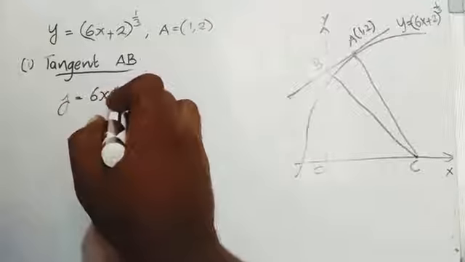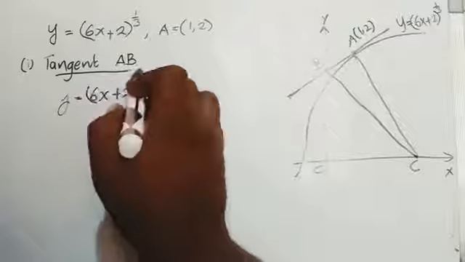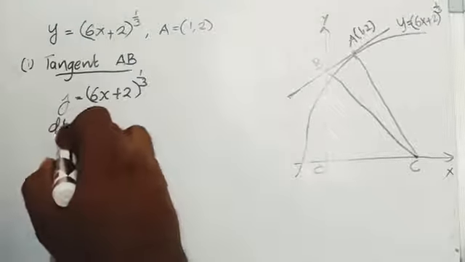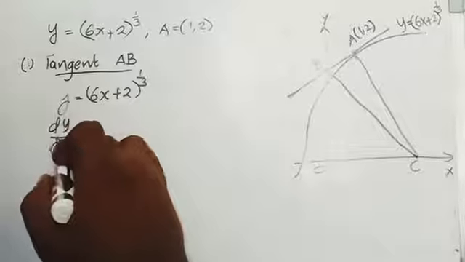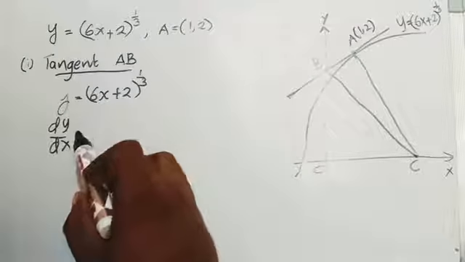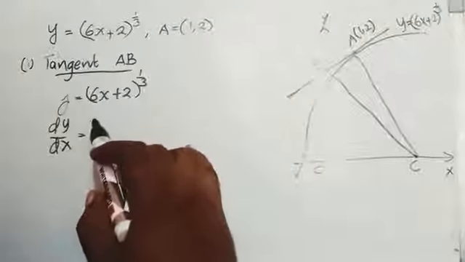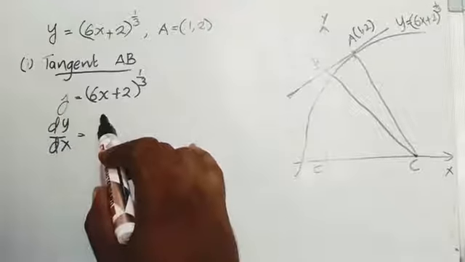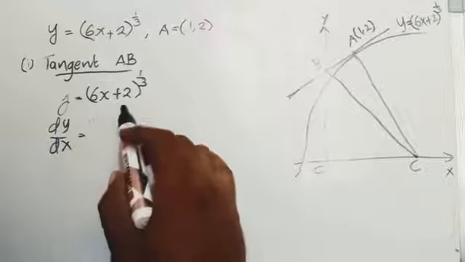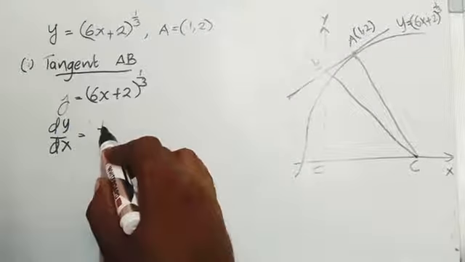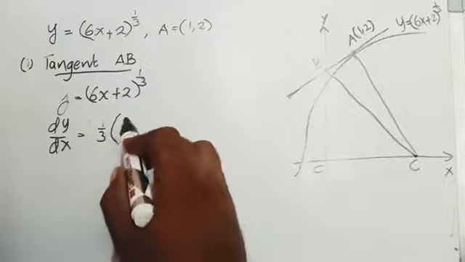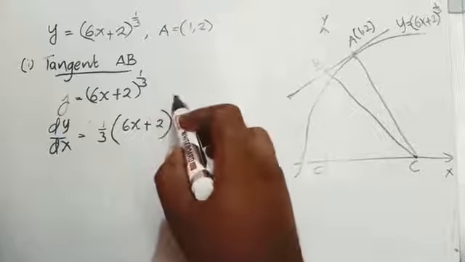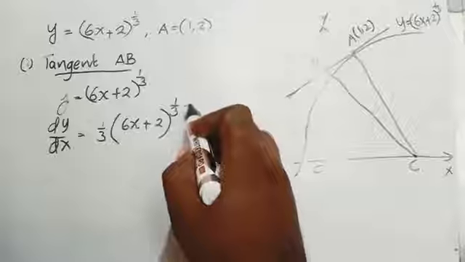y is (6x plus 2) raised to 1 by 3. Here to find the gradient, use dy by dx. Remember, here we cannot use (y2 minus y1) by (x2 minus x1) because we do not know 2 points on the line. Okay, so when you differentiate it, we get 1 by 3 of (6x plus 2) raised to 1 by 3 minus 1.